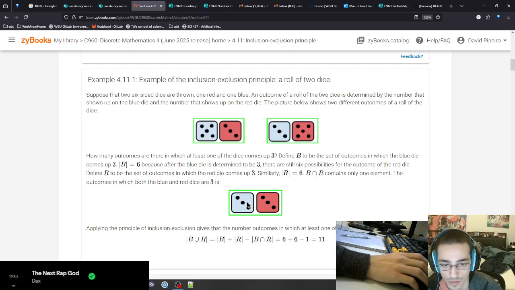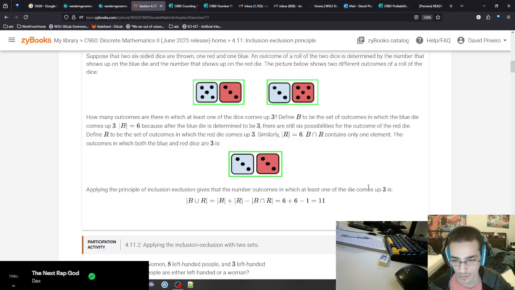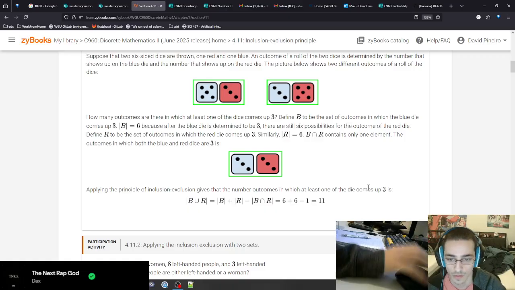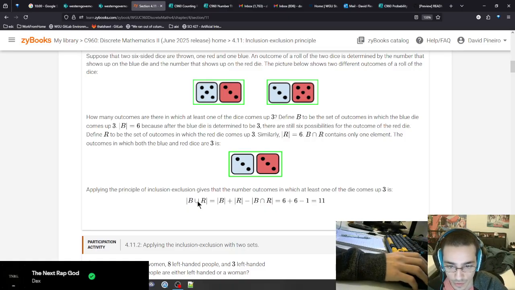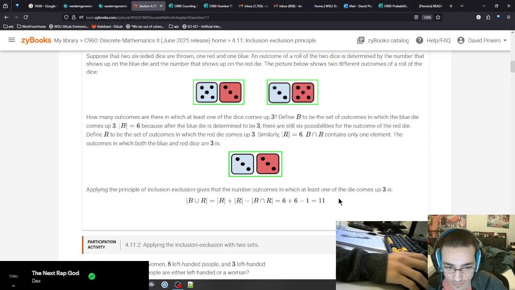And then the outcomes in which, yeah, it's this one. So the number of outcomes in which at least one of the dice comes up 3 is the union. What? So at least one of the dice. You know, I don't get this.